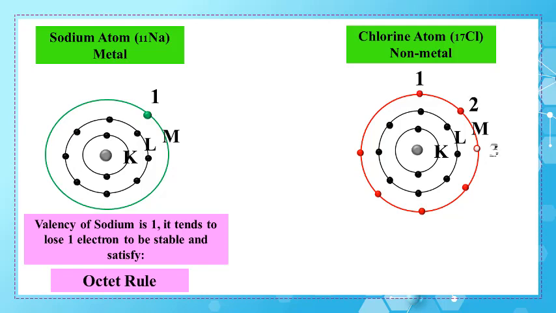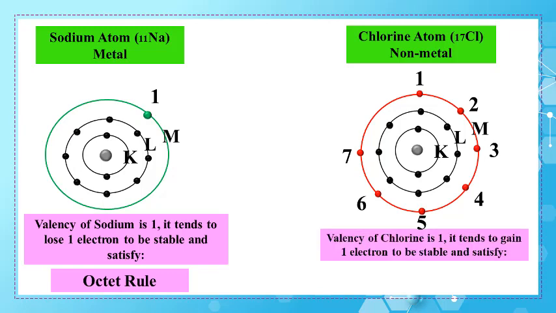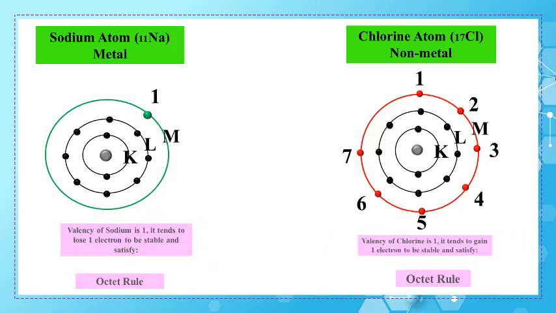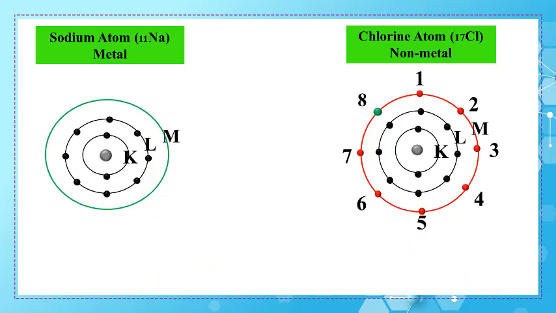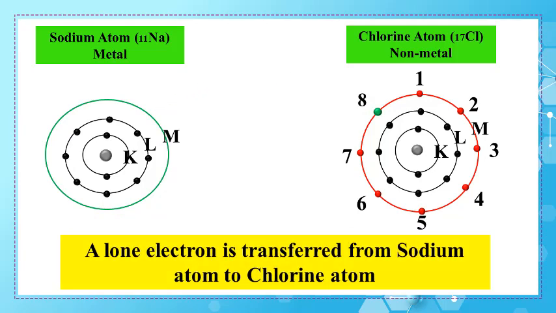And the chlorine has 7 valence electrons, so the valency of chlorine is 1, since it tends to gain one electron to be stable and satisfy octet rule. Then one electron will be transferred from sodium atom to chlorine atom.